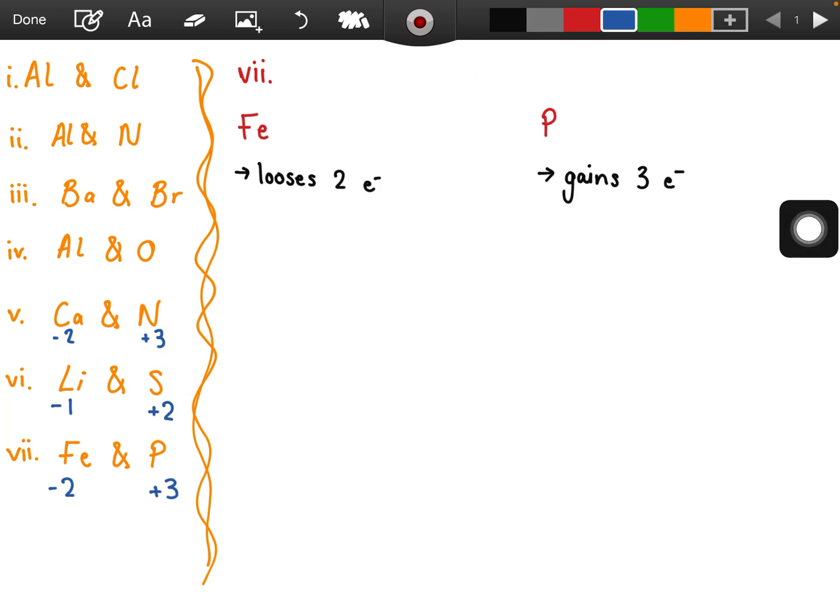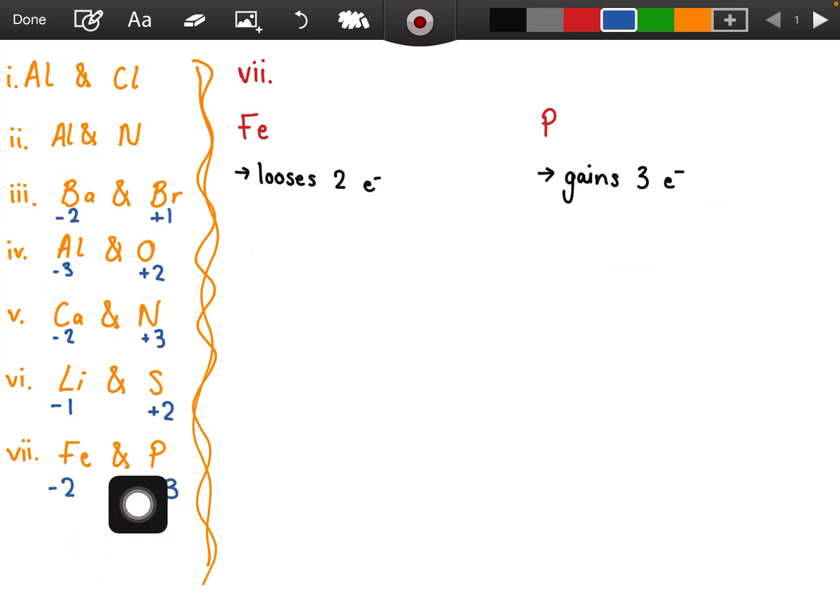Then aluminium loses 3 electrons, and oxygen wants to gain 2 electrons. Barium loses 2 electrons, and bromine gains 1 electron.